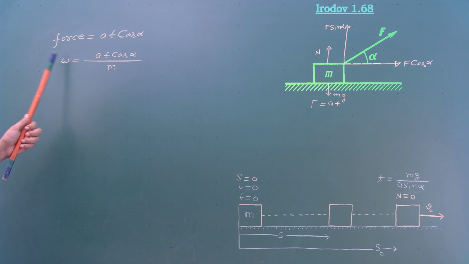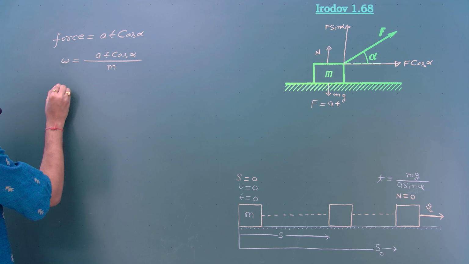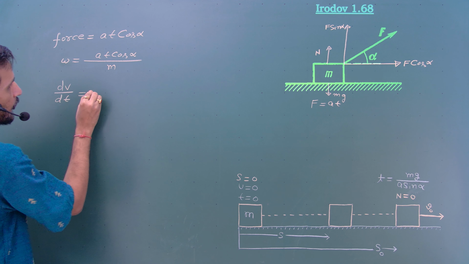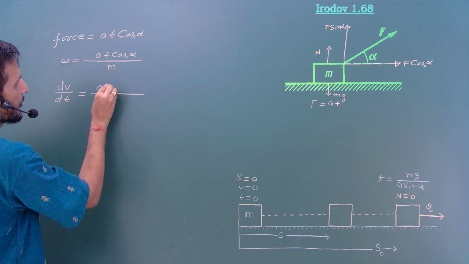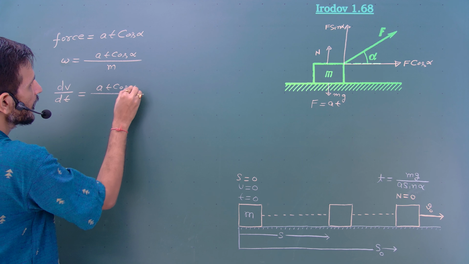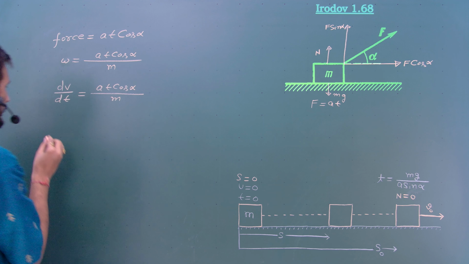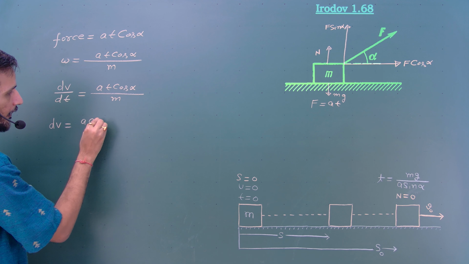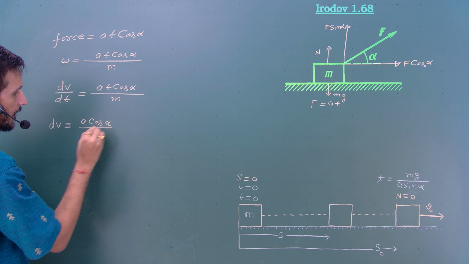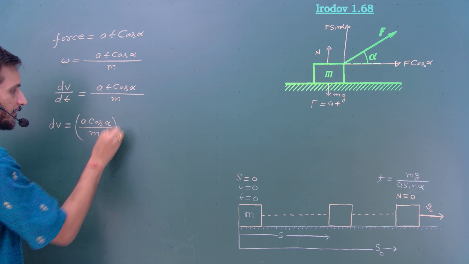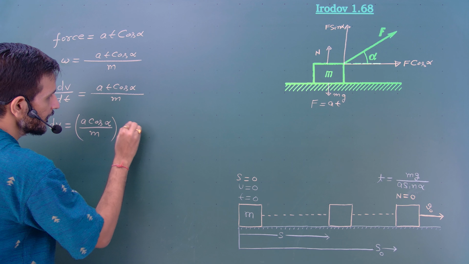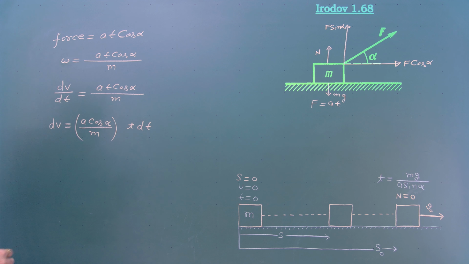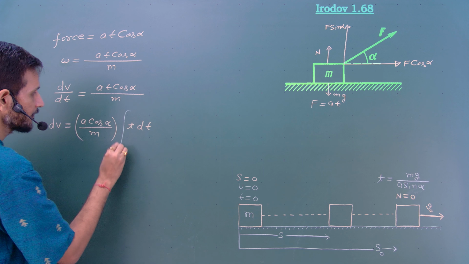Now I can write this acceleration as dv by dt. It should be equal to A t cos alpha divided by m. So dv equal to A cos alpha divided by m, this part is constant, into t dt. To find the equation of velocity, we have to integrate this part.